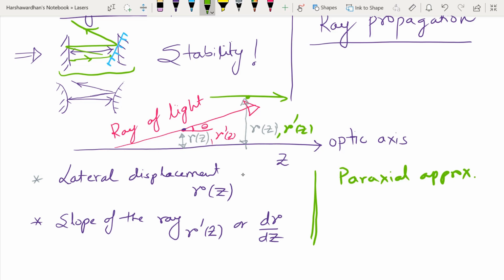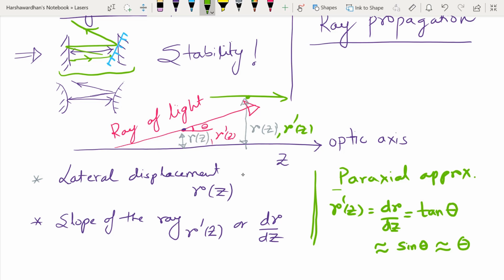By paraxial approximation, what I mean is that my r prime of z, which is dr over dz, is essentially tan theta, where theta is the angle with respect to the z-axis, which is approximately equal to sine theta, which for small angles of theta is actually theta.